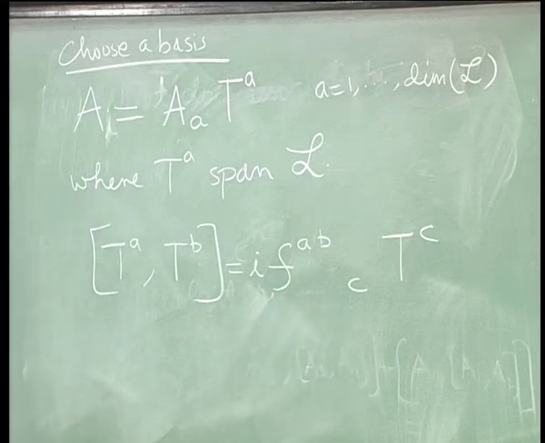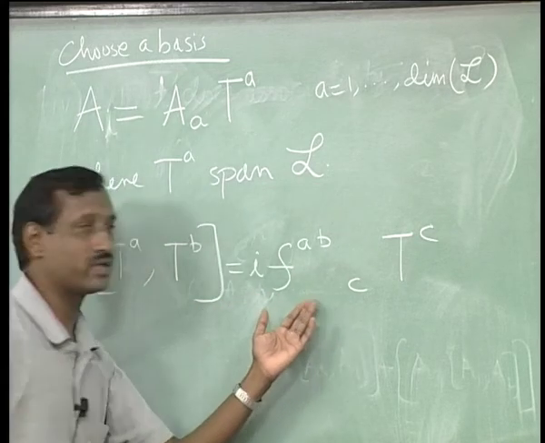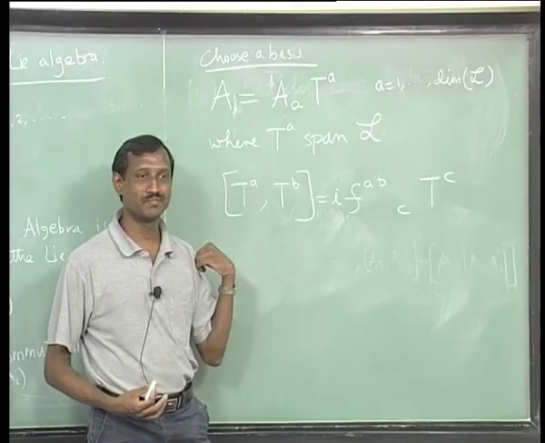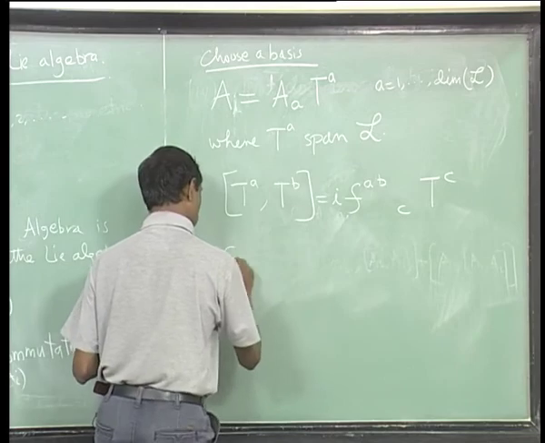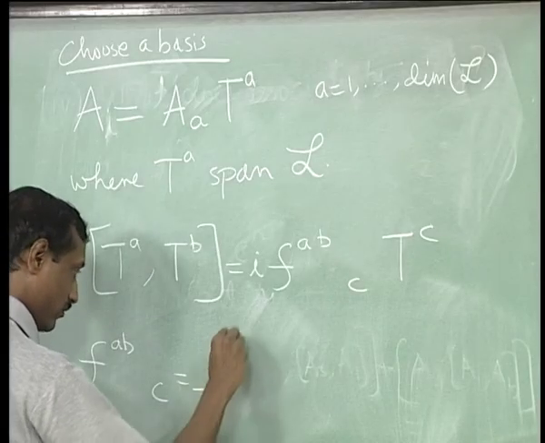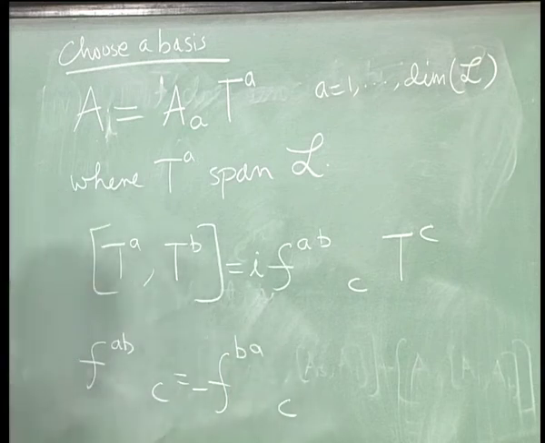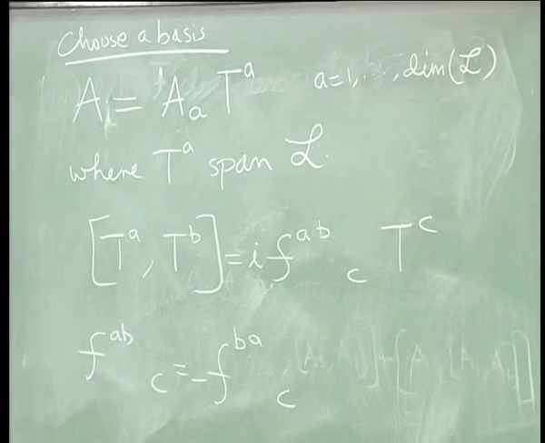Of course, it is basis dependent, but the key point is that this knows everything about the Lie bracket structure. So what do we know? We know that f_ABC has to be equal to minus f_BAC, because that is the antisymmetric property of the Lie bracket.